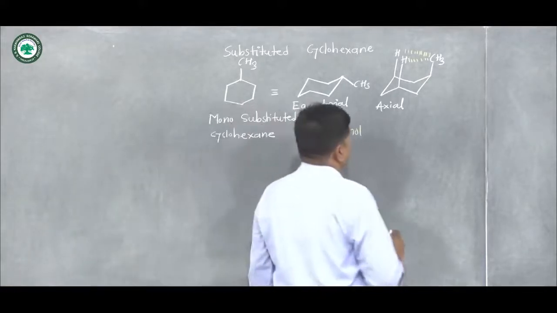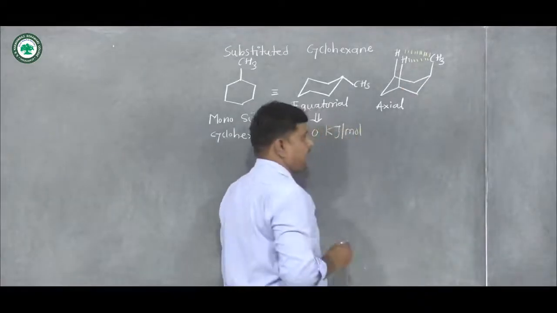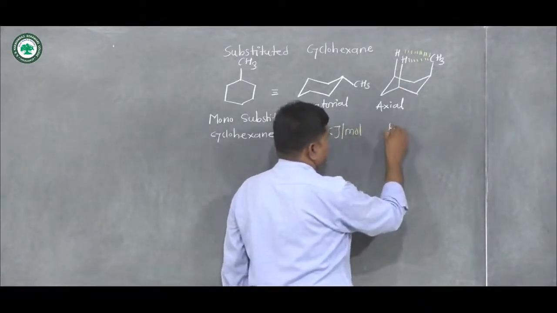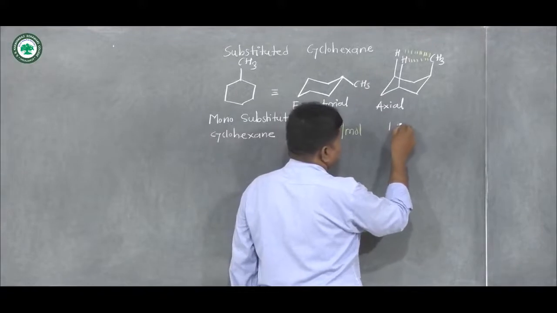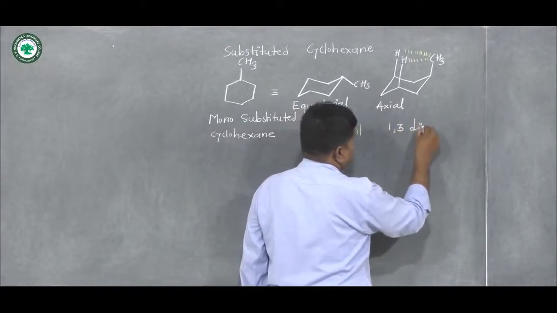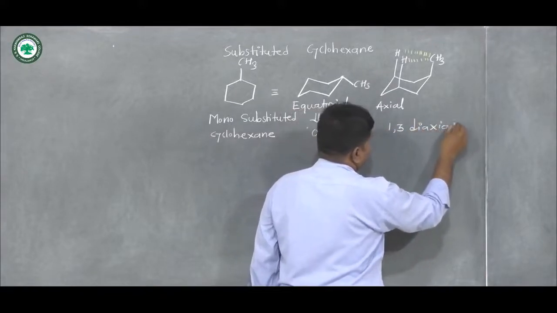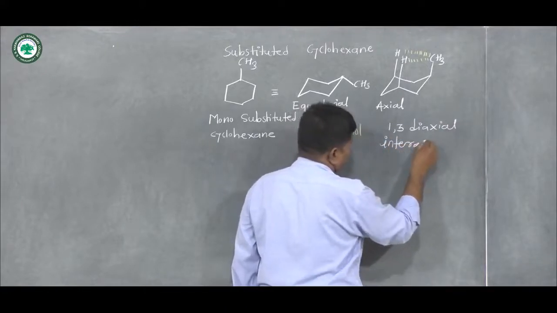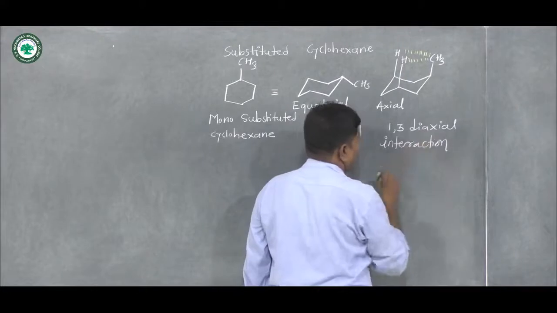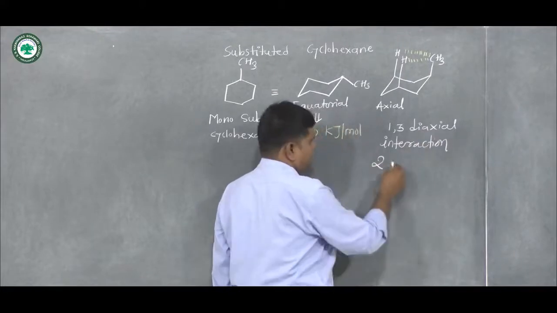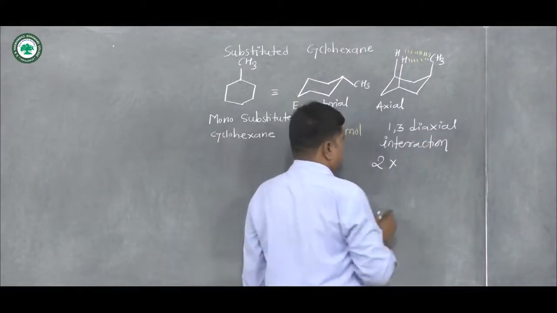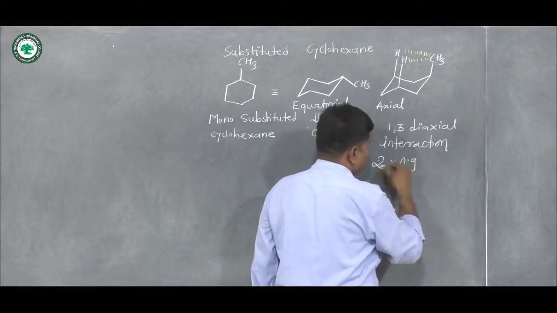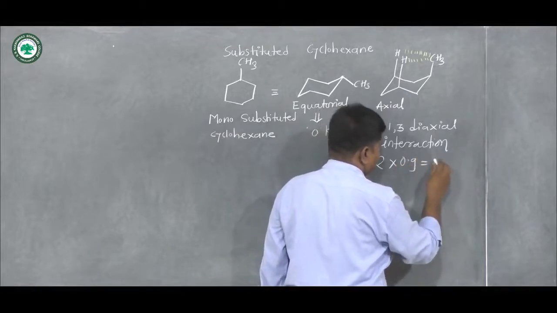Due to the presence of 1,3 diaxial interaction, how many interactions? Two interactions are possible, and one interaction gives 0.9 kilojoule energy.